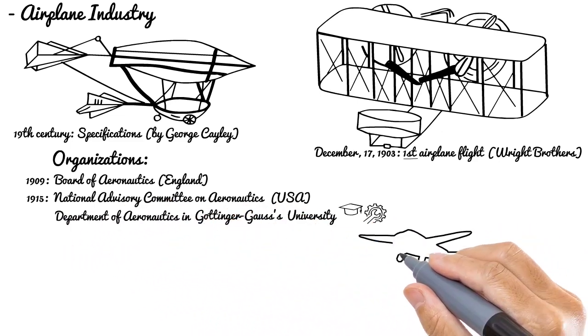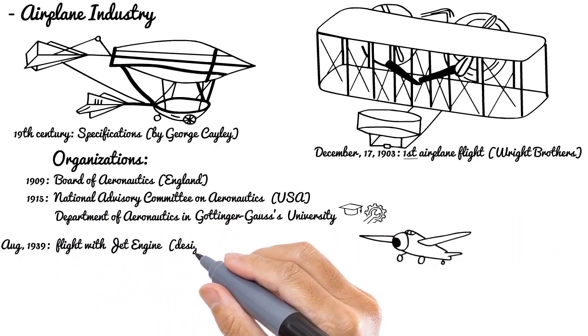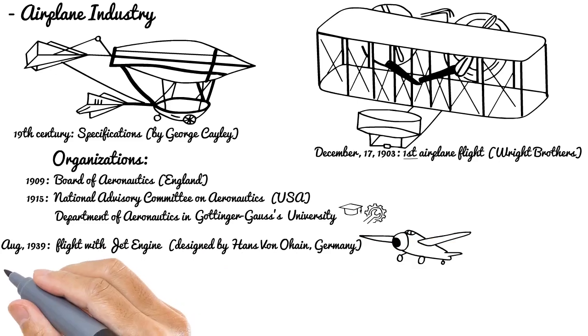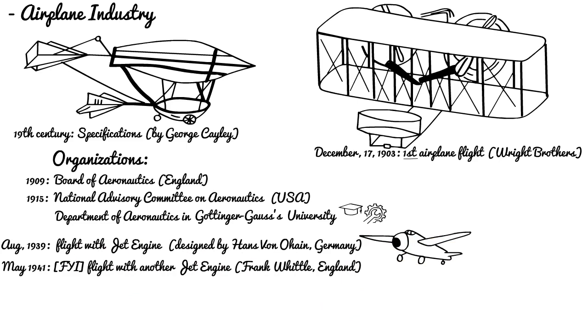Its student Hans von Ohain designed the first jet engine-powered experimental plane for a short flight in August 1939. Frank Whittle invented the jet engine as well in Britain. We already mentioned the high chances of inventing things simultaneously and independently in technically advanced countries. Germans also made the V2 rocket, which pointed the way to space travel.